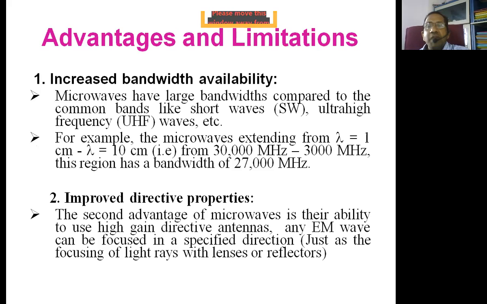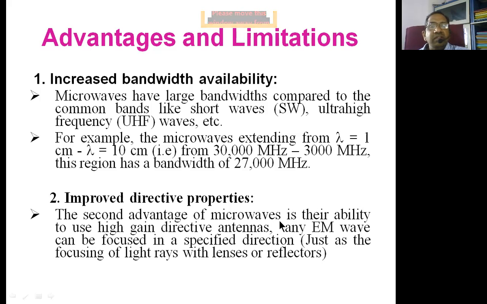Microwaves have a large bandwidth compared to common bands like short waves and UHF frequencies. Microwaves extend from lambda equal to 1 centimeter to 10 centimeters, from 30,000 megahertz to around 3,000 megahertz. This region has a bandwidth of around 27,000 megahertz, so many more low frequency signals can be transmitted through this microwave range.